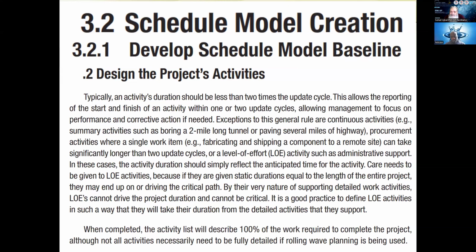By their very nature of supporting detailed work activities, LOEs cannot drive the project duration. Because project duration is driven by the activities on the critical path. LOE activity does not have any duration of its own. It is just assumed that as long as the project goes, LOE goes. So LOE is not supposed to be driving the critical path, although they may be equal to the critical path, but we don't assume that they are driving it. Do you understand that point?